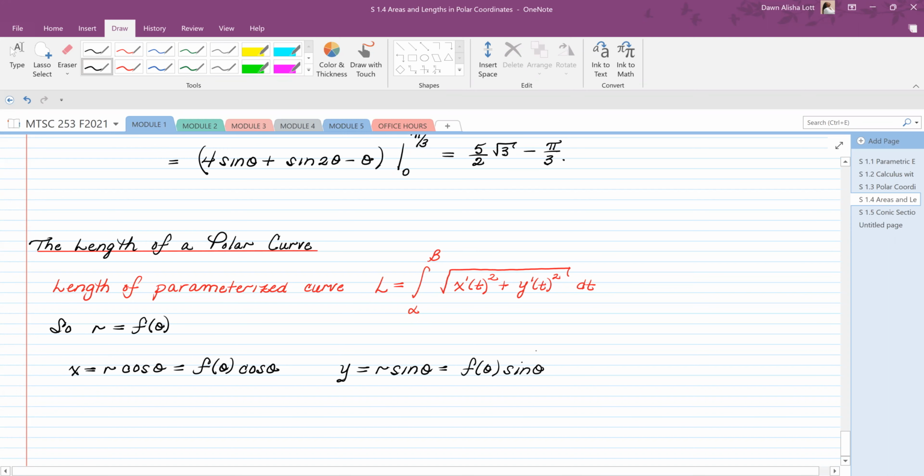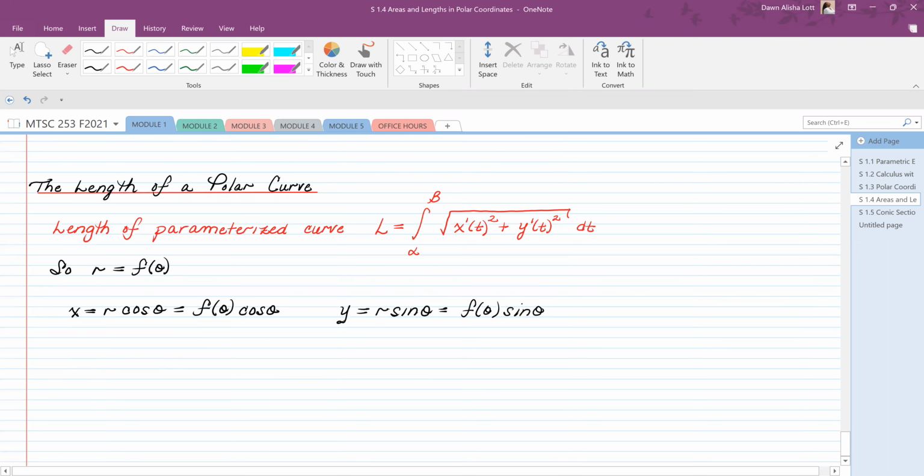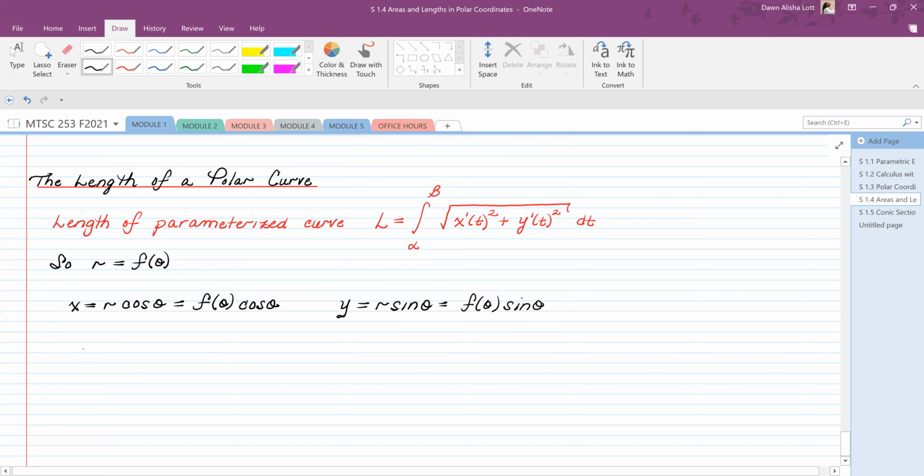So now I need to compute dx d theta. That's f prime of theta times cosine theta plus f of theta times negative sine of theta.